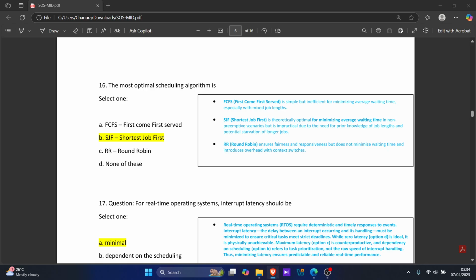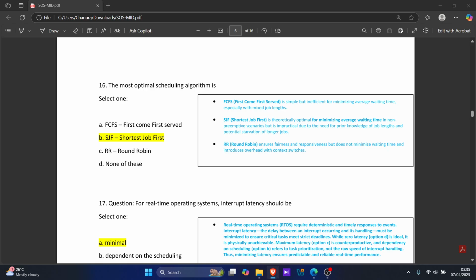Alternatively, maybe the answer refers to the fact that the truly optimal algorithm would require knowing all future job lengths, which isn't feasible. Hence none of these, because none can be optimal in all cases. Wait, but that's exactly what SJF assumes. It requires knowing the burst times. If you have that information, SJF is optimal. But if you don't, then it's not possible.